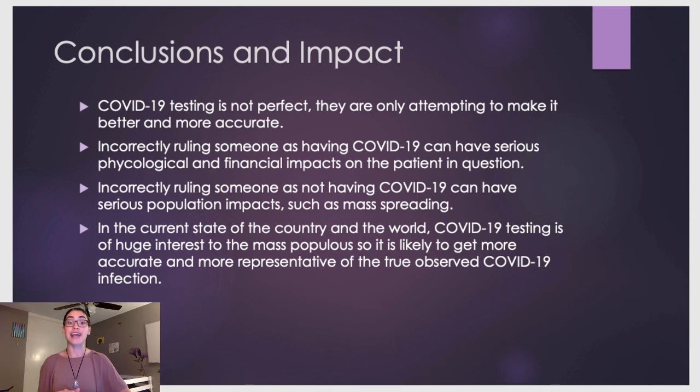Incorrectly ruling someone as not having COVID-19 can have serious population impacts, such as mass spreading and ignorance to their own COVID-19 status. In the current state of the country and the world, COVID-19 testing is of huge interest, so it is likely to get more accurate and more representative of the true observed COVID-19 infection on both the individual scale as well as the population scale.